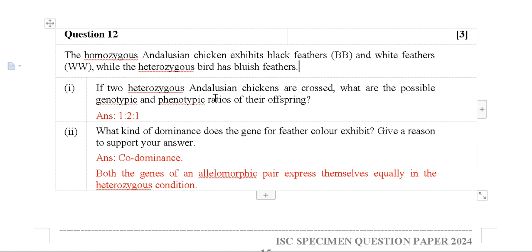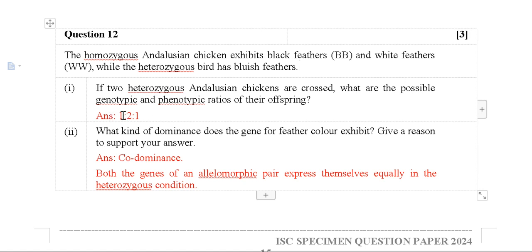If two heterozygous Andalusian chickens are crossed, what are the possible genotypic and phenotypic ratios of their offspring? So for both the cases, the genotypic and phenotypic ratios of their offspring will be 1:2:1.